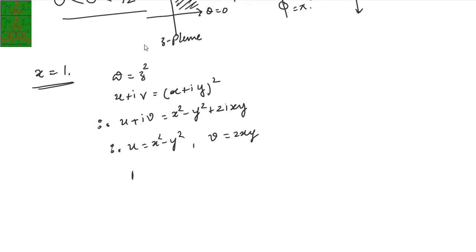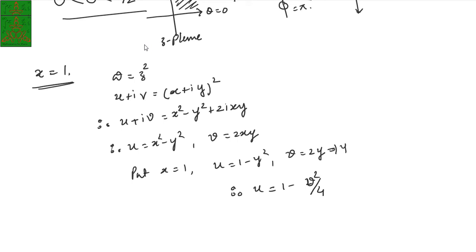If you put x equal to 1 into these equations, you will have u equal to 1 minus y square and v equal to 2y. Now we need to eliminate y from these equations, so we have u equal to 1 minus v square by 4, by putting y equal to v by 2 into this equation.